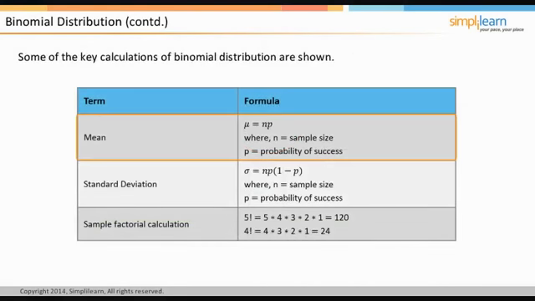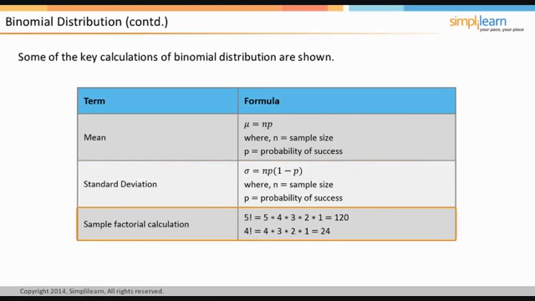The mean of a binomial distribution is denoted by mu and is given by n multiplied by p. The standard deviation of a binomial distribution is denoted by sigma, which is equal to the square root of n multiplied by p multiplied by 1 minus p.